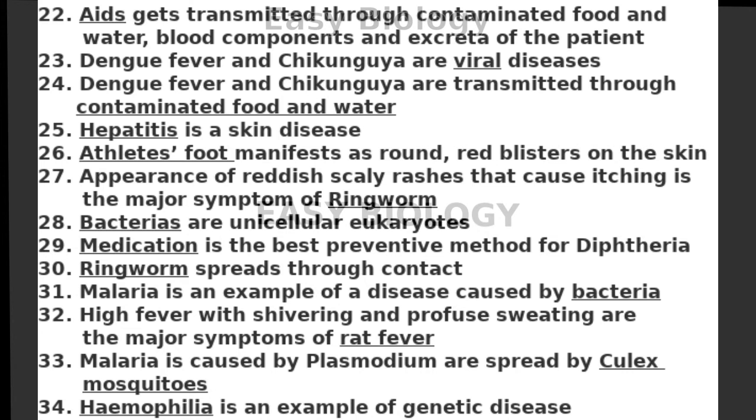Question number 28. Bacteria are unicellular eukaryotes. Here the underlined portion is bacteria. It is a wrong statement. The correct answer is: protozoans are unicellular eukaryotes.